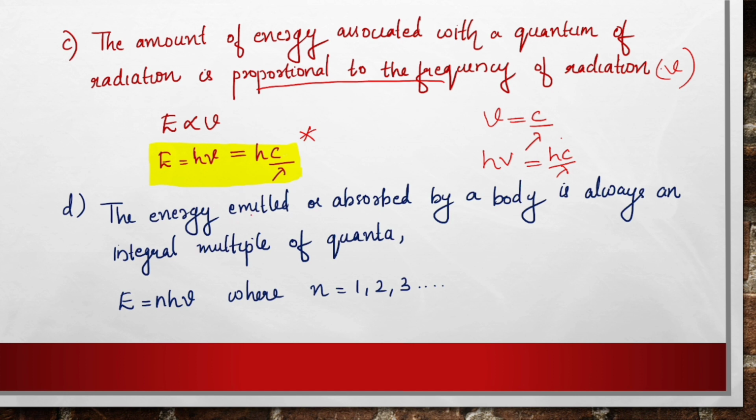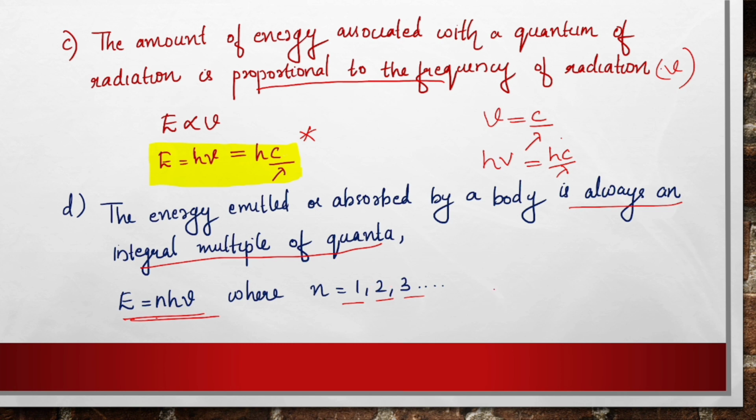Next point: the energy emitted or absorbed by a body is always an integral multiple of quantum. That is, energy is not continuous. E is equal to n h nu, where n can be 1, 2, 3. So the energy of radiation will not be continuous.